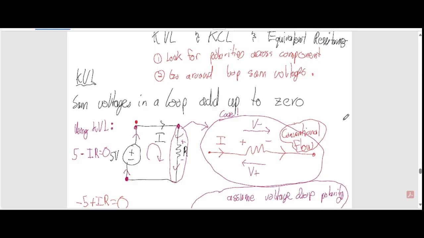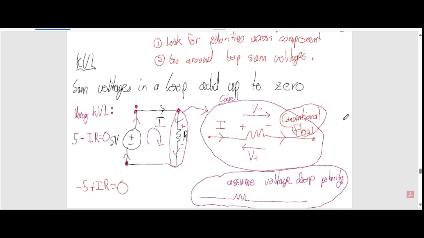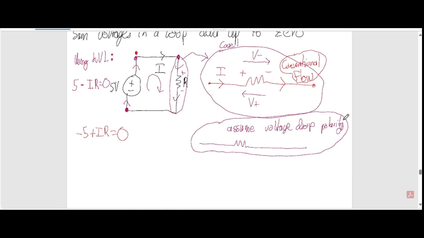Alright, any questions on that? Cool. So the next one is KCL, Kirchhoff's current law. This is the easiest thing on the face of the earth.